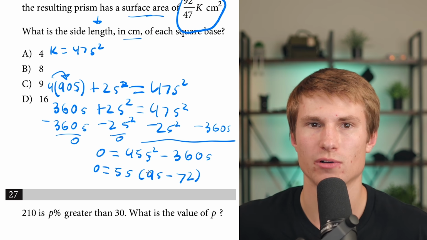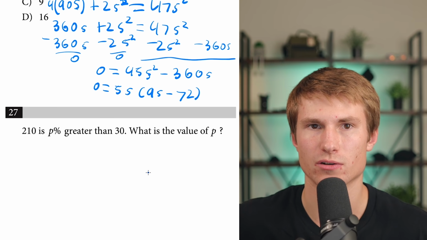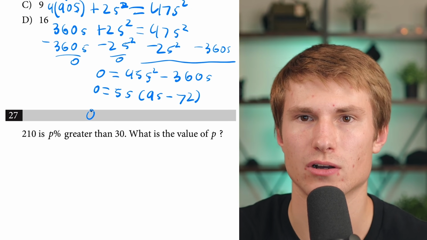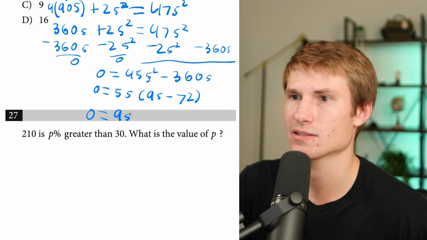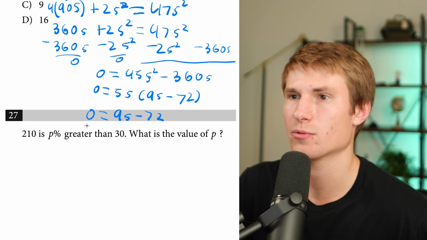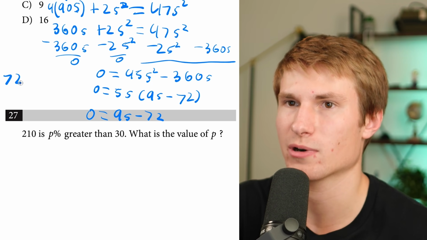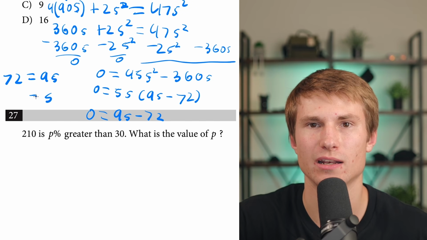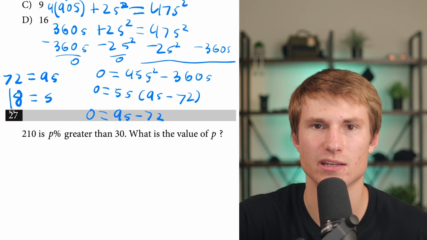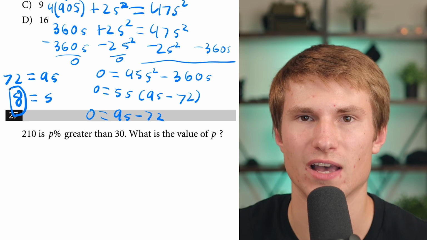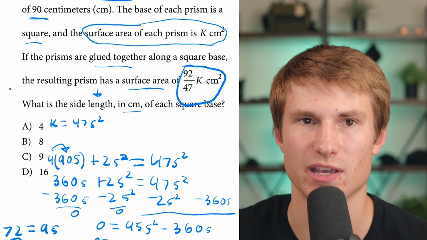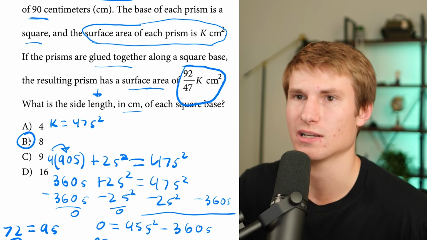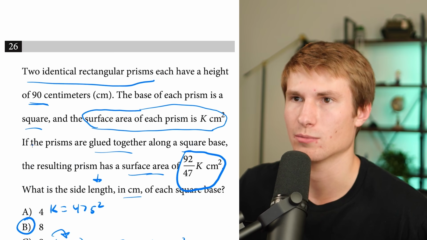So from here, we'll go ahead and set this equal to 0 again. So now we're going to have 0 is equal to 9s minus 72. From here, we'd add 72 to both sides. Once we do that, we're going to have 72 is equal to 9s. We divide both sides by 9. 72 over 9 is going to leave us with 8. And we see that 8 will be our value for s, which is going to be answer choice B. So B would be our correct answer here for question number 26.